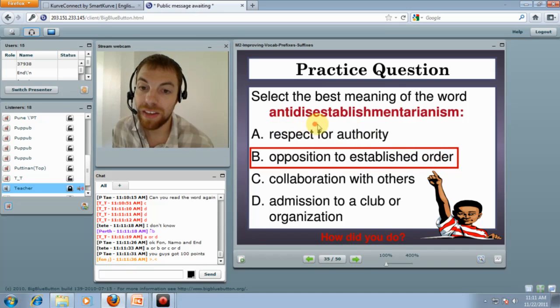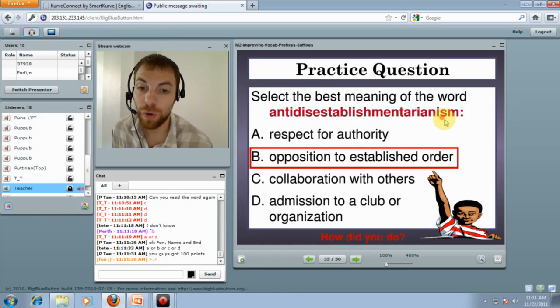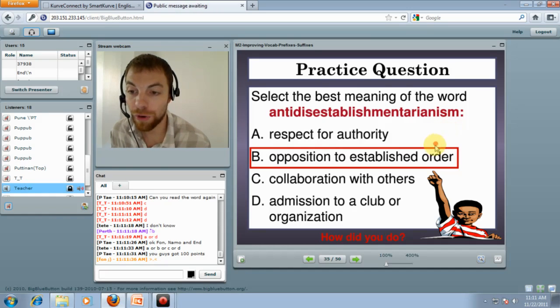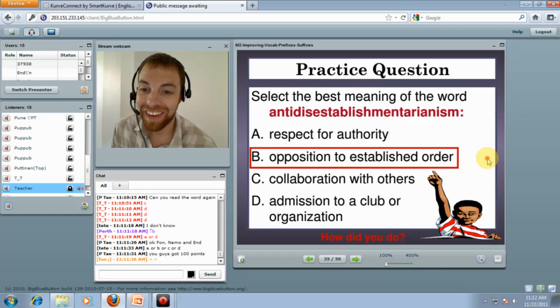So anti-disestablishmentarianism is someone who does not like rules and laws and order that someone else has made. Yeah, good, alright.